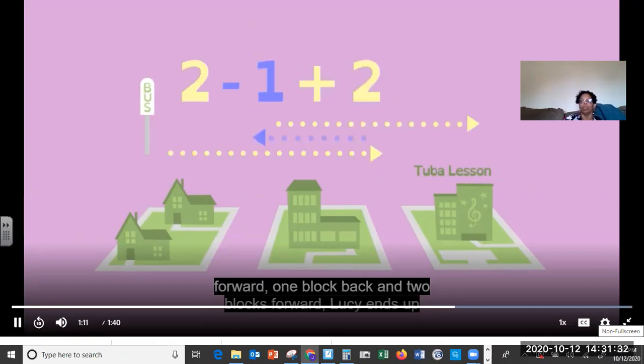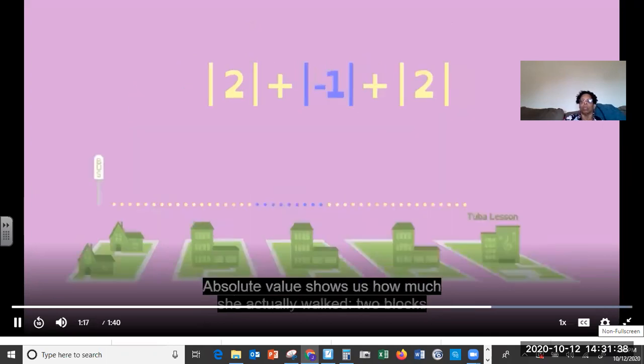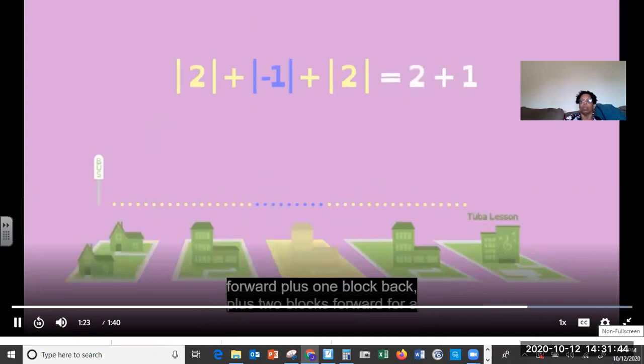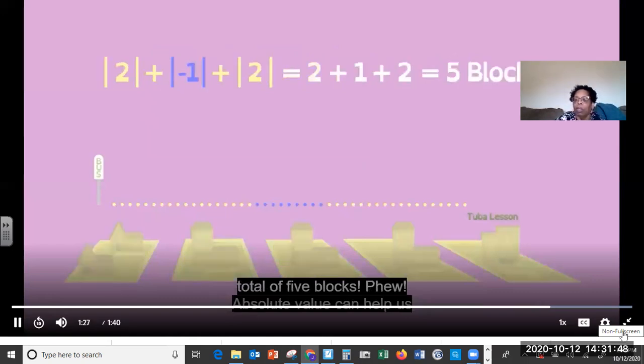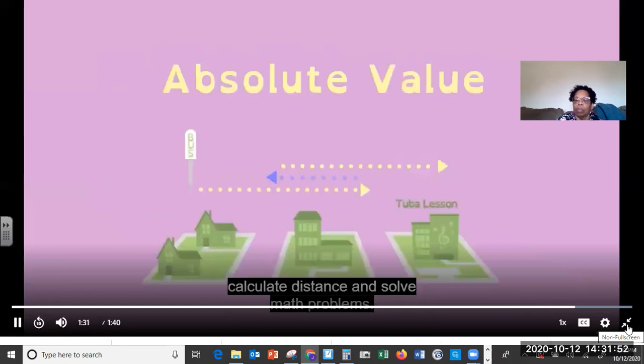Lucy ends up 3 blocks from the stop, yet she walked more than that. Absolute value shows us how much she actually walked. 2 blocks forward, plus 1 block back, plus 2 blocks forward, for a total of 5 blocks. Phew! Absolute value can help us calculate distance and solve math problems.